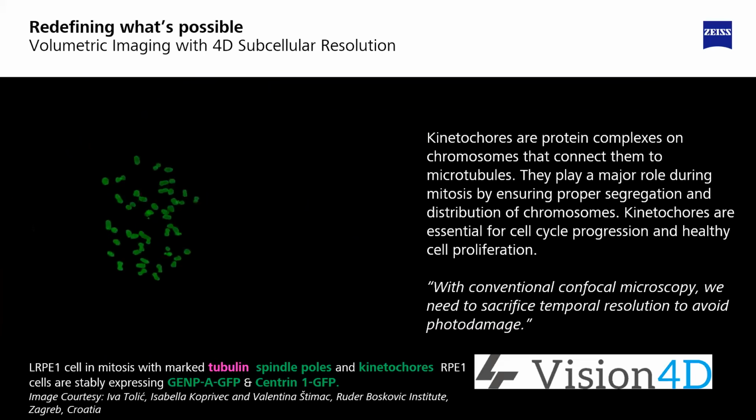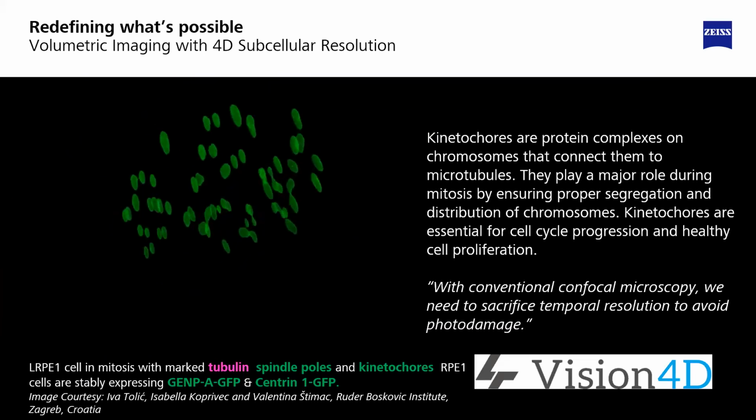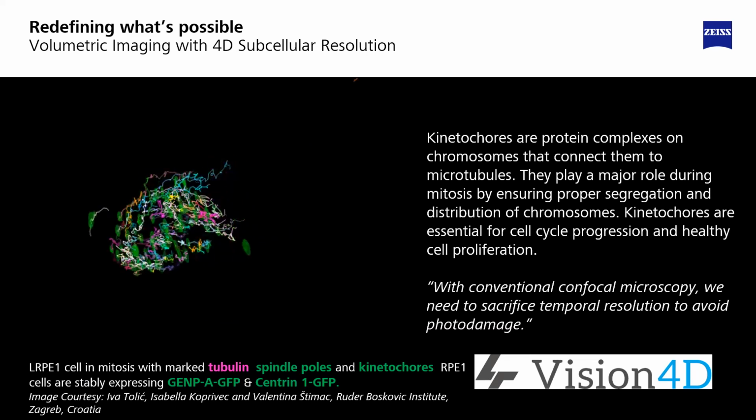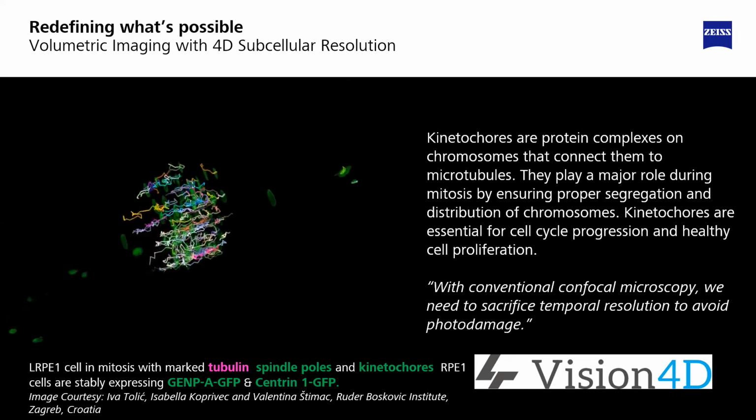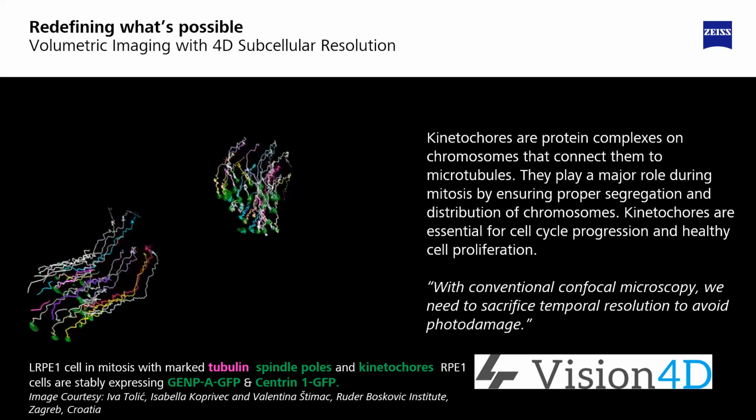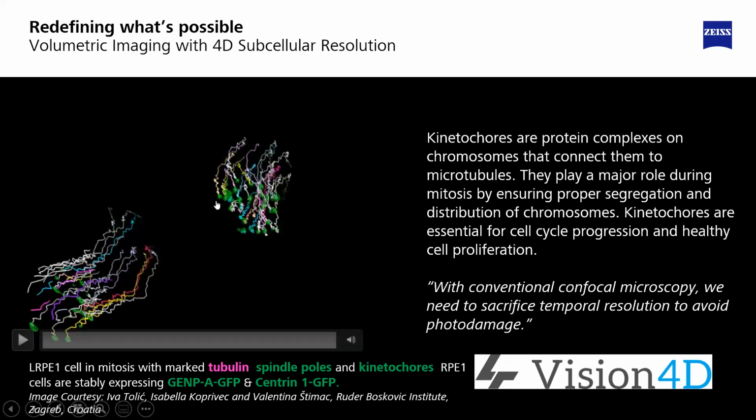Before we wrap things up, I just want to show you one more example that illustrates how easy it is to access lattice light sheet technology and how it generates more meaningful results and more meaningful data that can accelerate your research. This data set here shows the dynamics of kinetochores during mitosis.